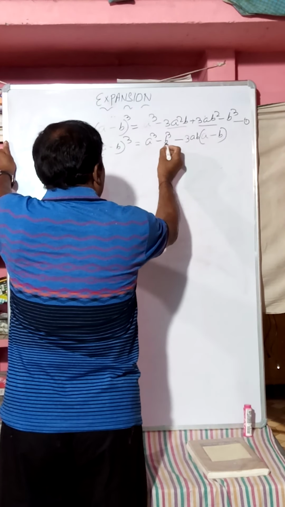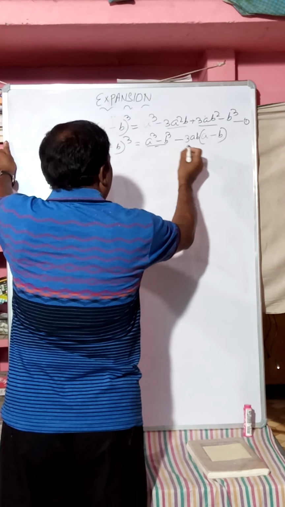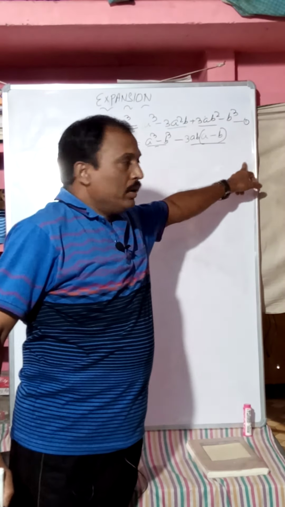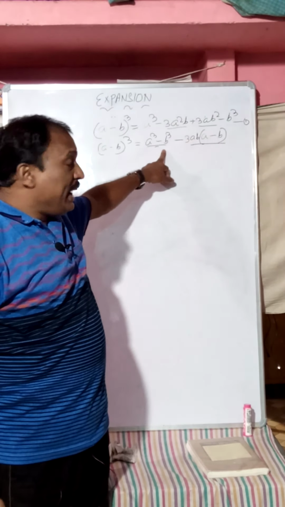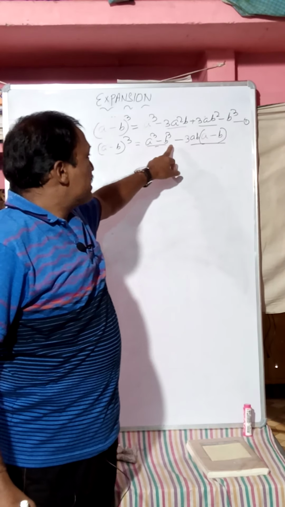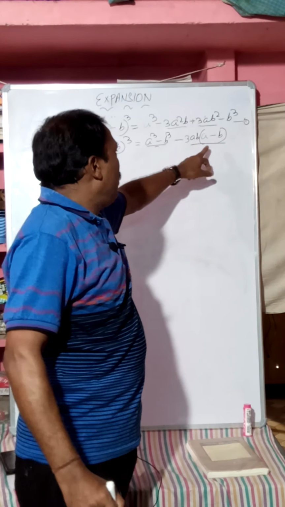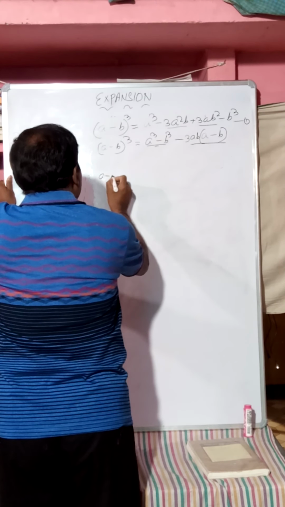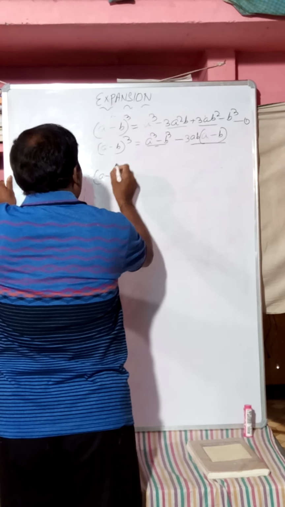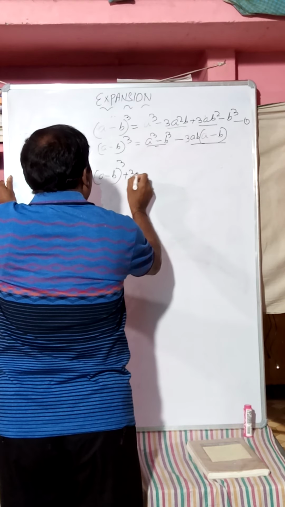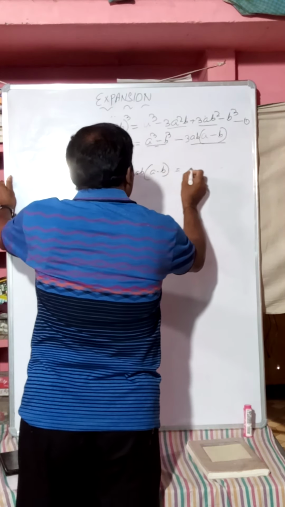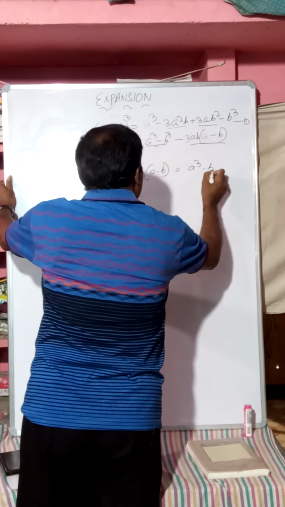Then a cube minus b cube stays on the right side, and this expression has 3 terms: first term, second term and third term. The third term is a negative term and goes to the left side. We can write (a minus b) whole cube plus 3ab whole into (a minus b) is equal to a cube minus b cube.